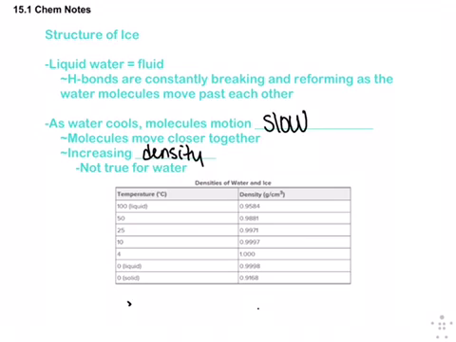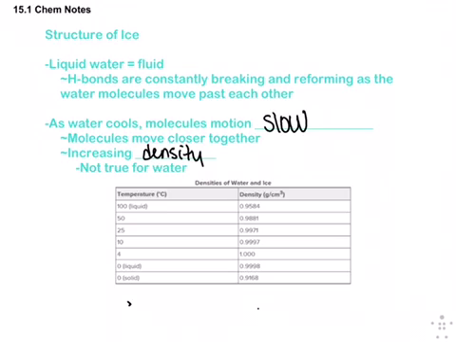However, for water, that is not true. When water molecules slow down, they move closer together to a point, but then they stop. So that means that solid water, aka ice, is actually less dense than its liquid counterpart. This is not a norm for all solids and liquids.